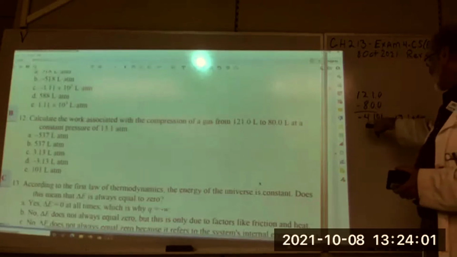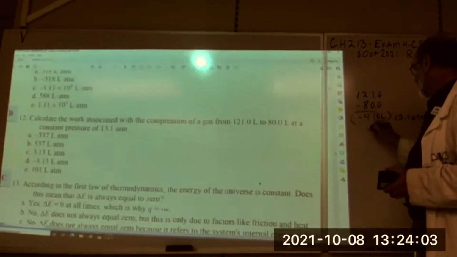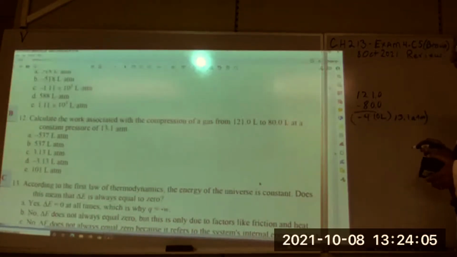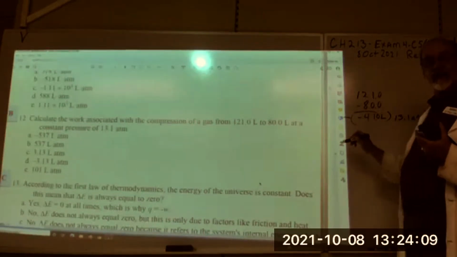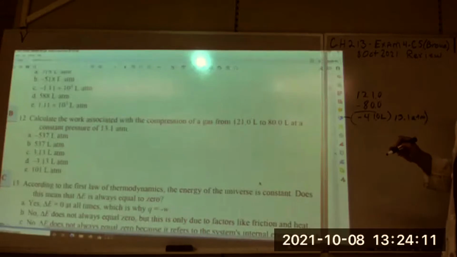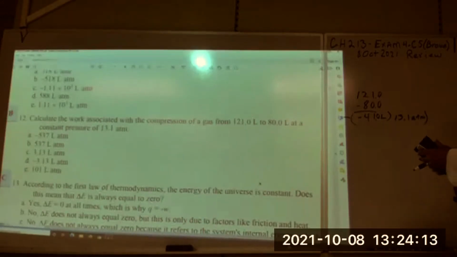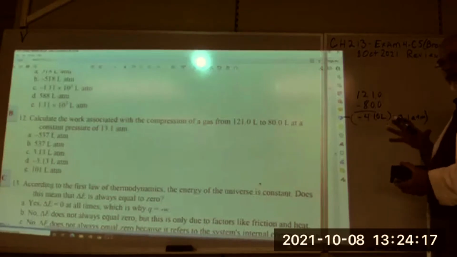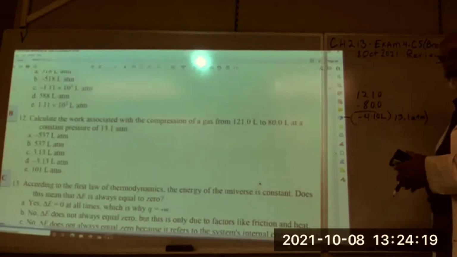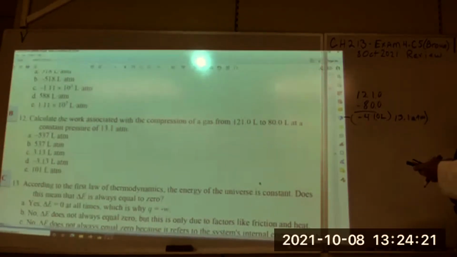Okay, so this is a negative times that value. But when we calculate work, it gets a negative sign here also, right? And that makes sense because if we're compressing the gas, we're doing work on the system and it needs to be a positive value. So that's 41, oops, times 13.1.